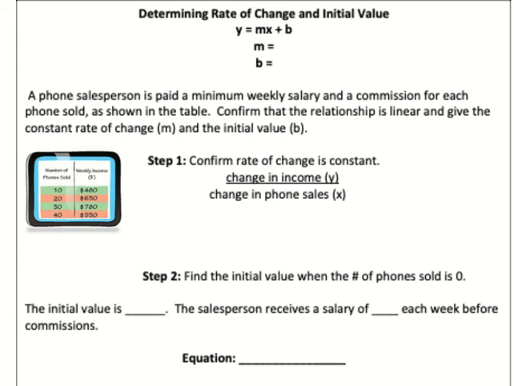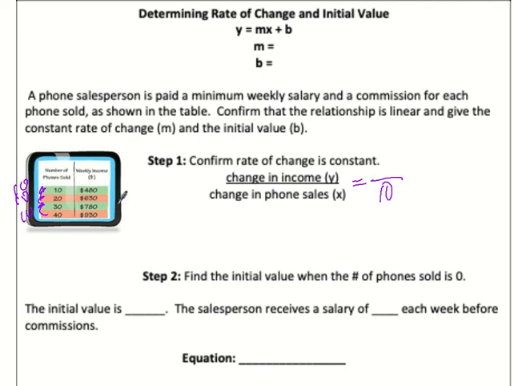Change of income y, change of phone sales x, it's just that subtraction. Remember, we're going to subtract these. So these all go by 10. If I subtract, it's 10, and I subtract, it's 10, and I subtract, it's 10. So we at least know that the change in the phone sales is for sure 10.